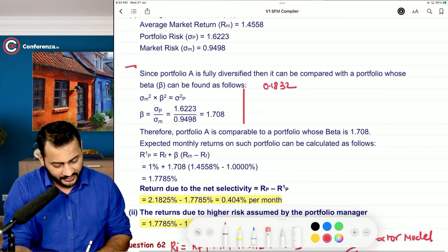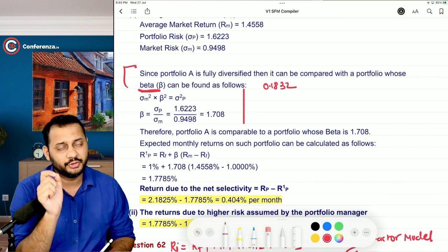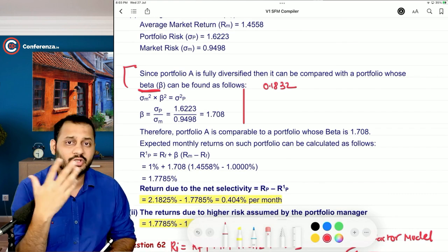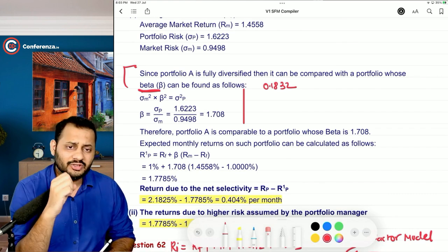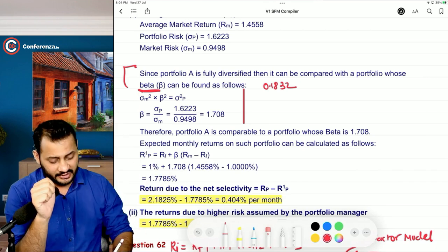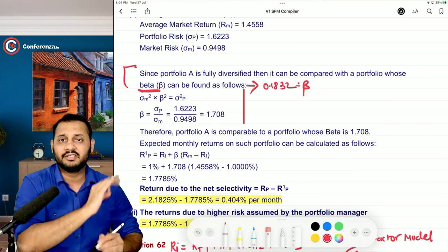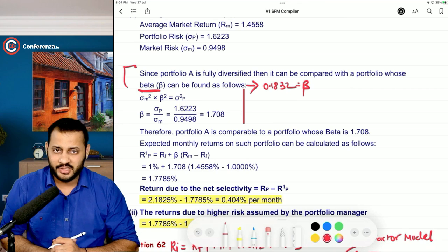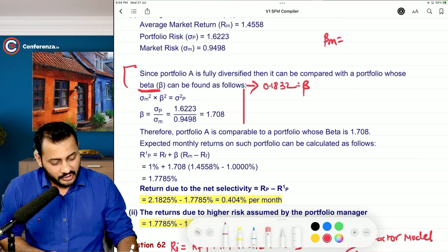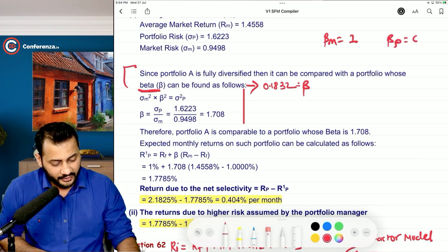Let me come to this point directly. In order to calculate the beta, they should have used the regression analysis or the correlation analysis, and I was also of the same view. But then I found that the regression analysis is giving you this much answer as the beta, 0.1832. The market beta is 1, and the portfolio beta in this question will be 0.1832.